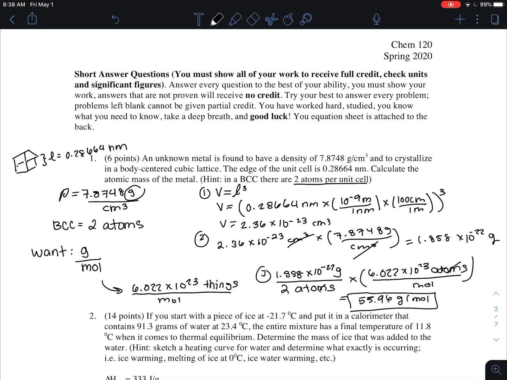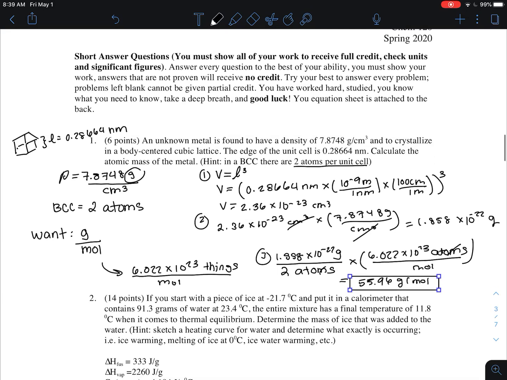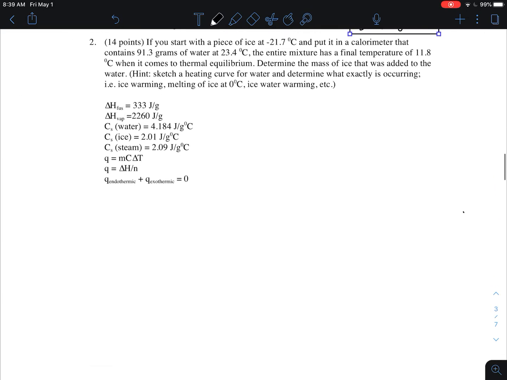Your atoms cancel out, and your answer would become 55.96 grams over mole. Now, you can always double check, because if you ended up getting 0.67 or 0.55, something kind of went wrong, because we know atomic masses usually range from the 1 all the way to 200s.